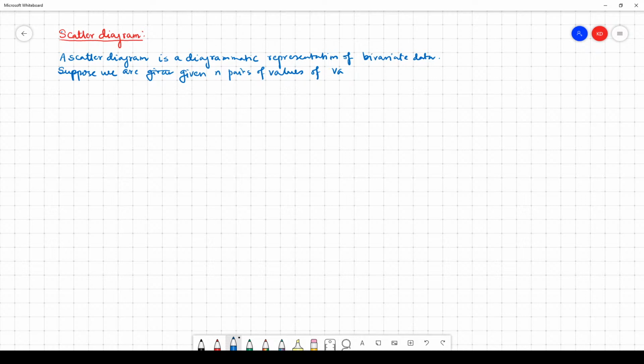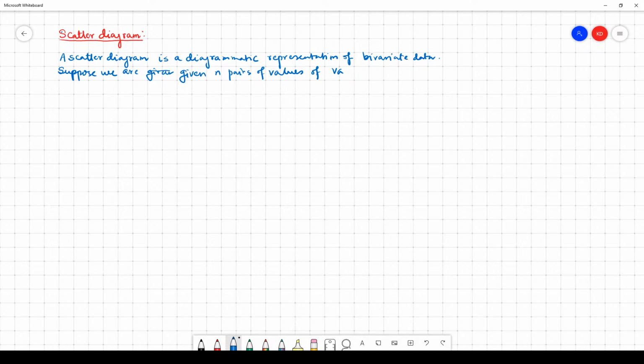Then this particular row or this particular column gives the conditional distribution.